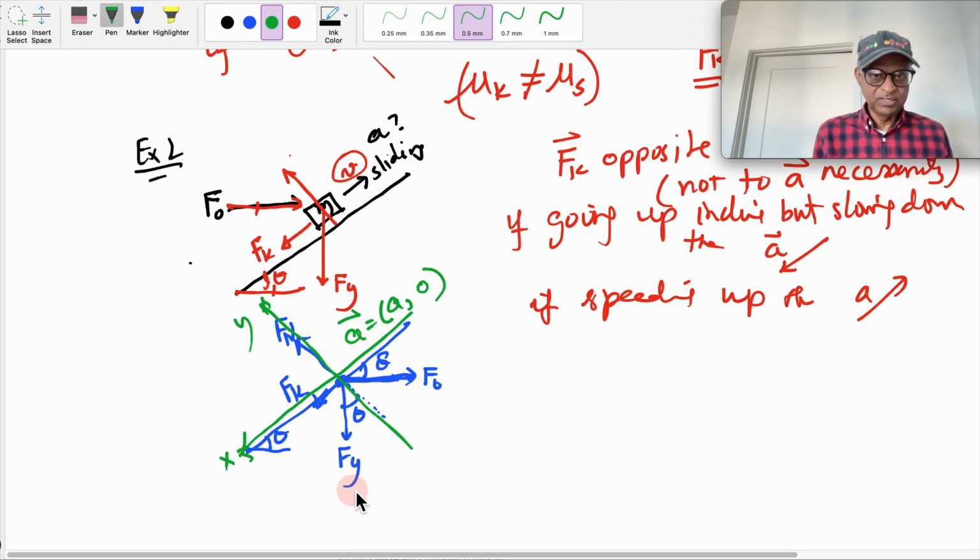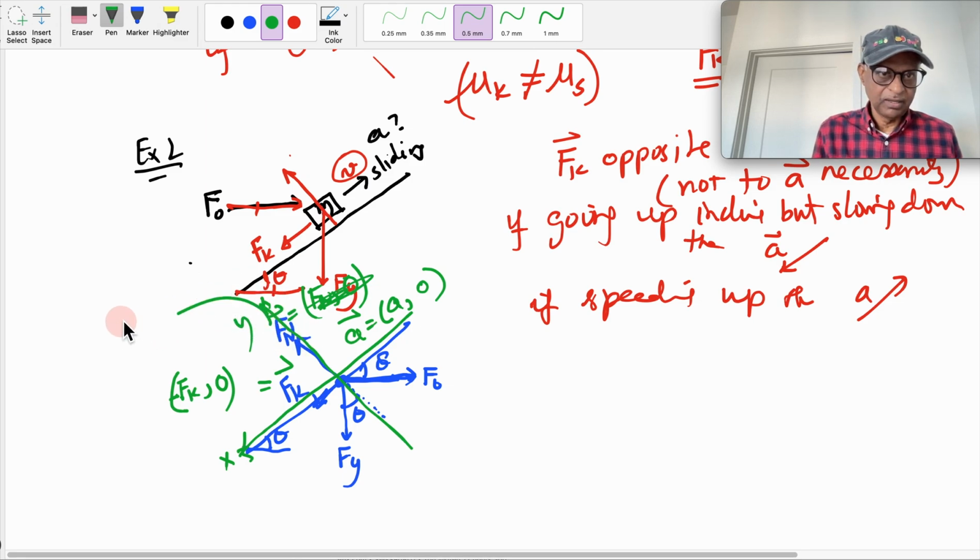For Fg, the Fk vector will be minus Fk, no y, and the Fn vector, sorry, in the y-axis will be 0, Fn.